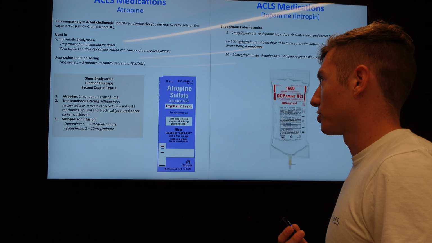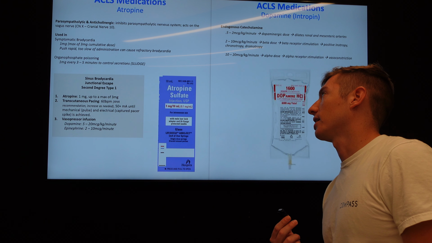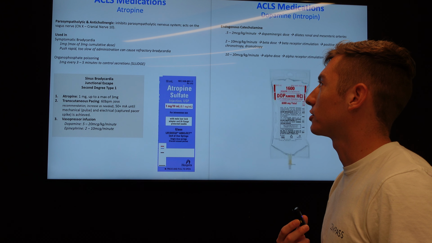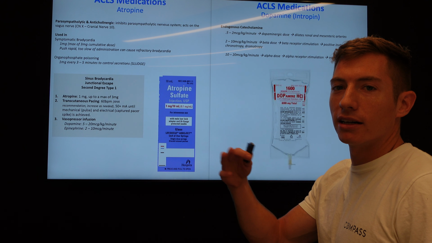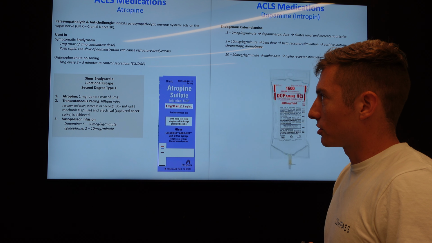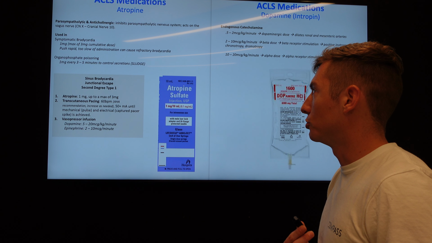So if they have symptoms, 1 milligram, max of 3 milligrams cumulative dose, and push rapid. If you do it too slow, it could cause refractory bradycardia, which is the reverse effect of what we want. Organophosphate poisoning, it's good for this, 1 milligram to control secretions.